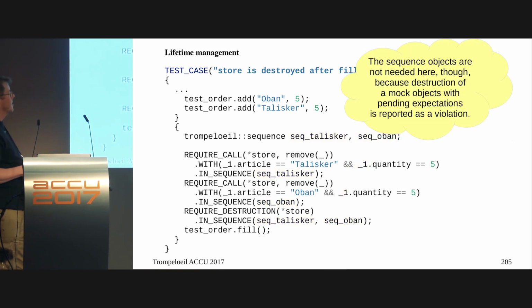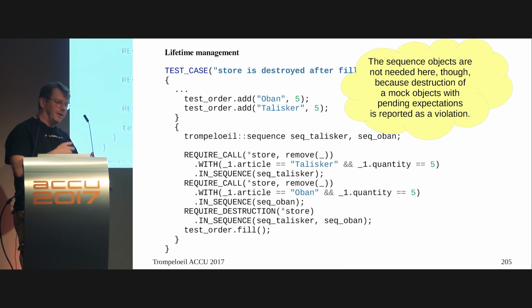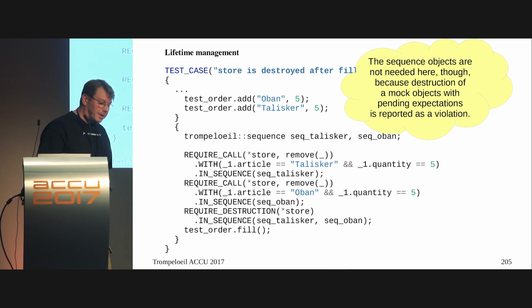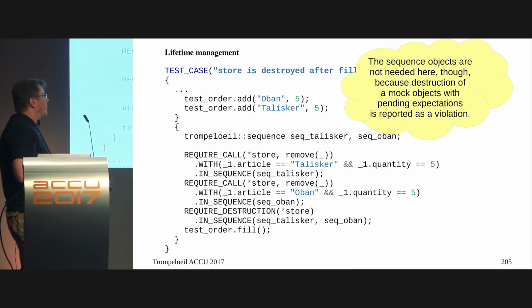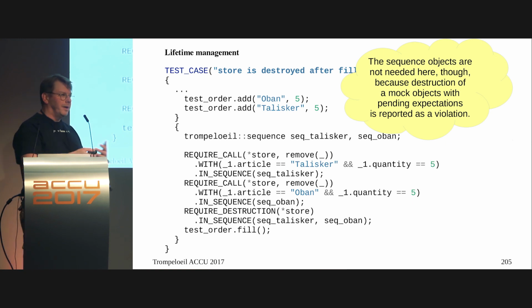To be perfectly honest, that is not needed, because destroying a mock object that has pending expectations on it is an error. But I think writing the test that way is relying on arcane knowledge about how it's implemented.